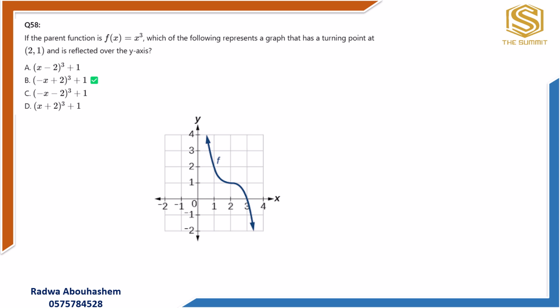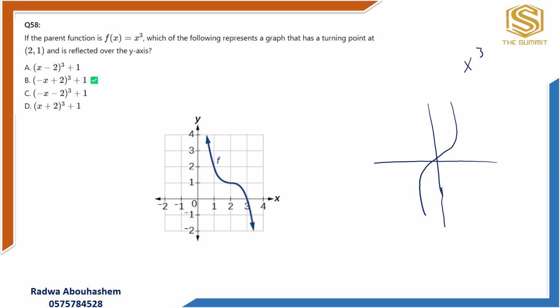If the parent function f of x equals x power 3, which of the following represents a graph that has a turning point at 2 and 1 and it's reflected over the y-axis? Okay, here, this is the original function for the x power 3, for the cubic function. As you see here, the graph is reflected over the y-axis.